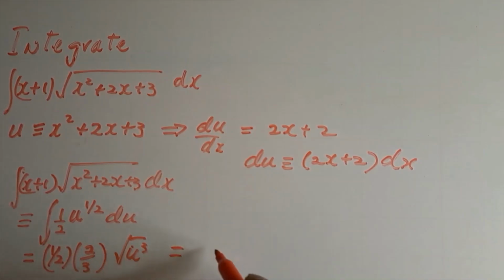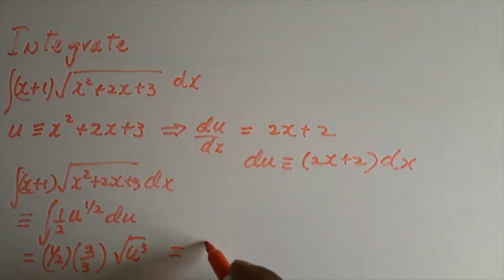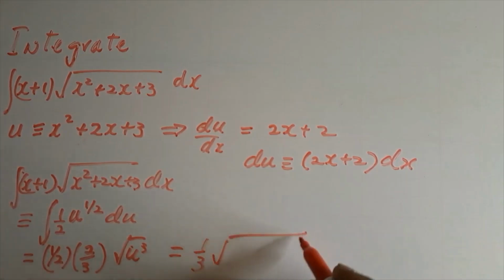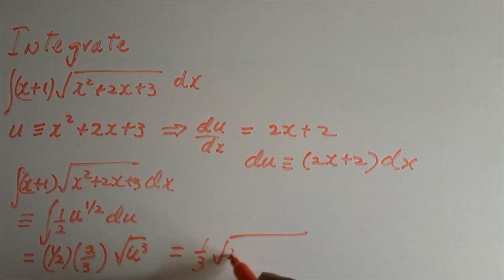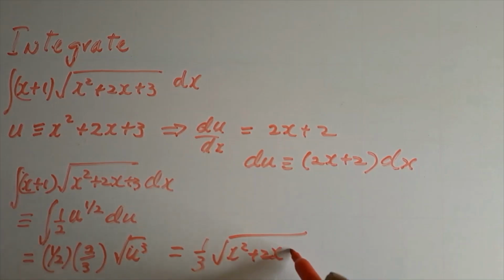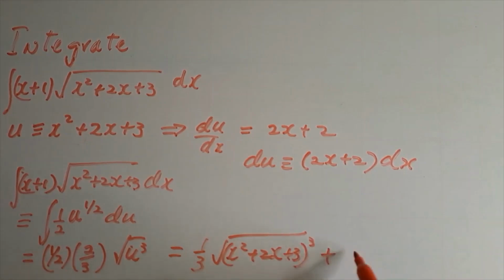And this can be written in the simplest form as a third of the root of (x squared add 2x add 3) cubed, add the constant of integration.